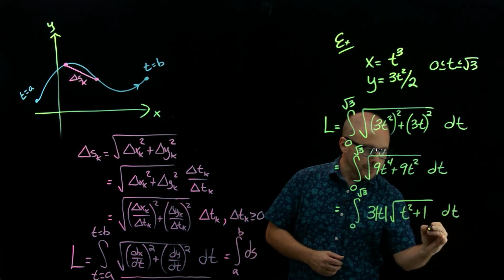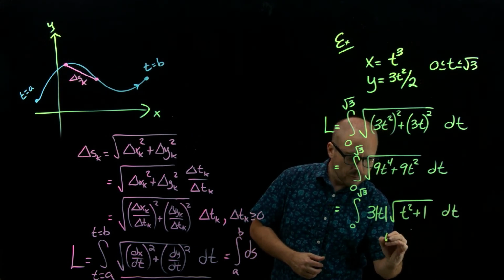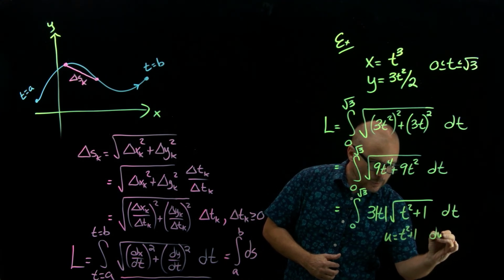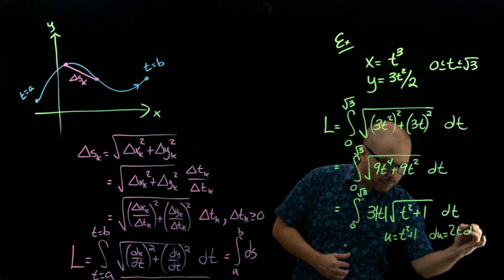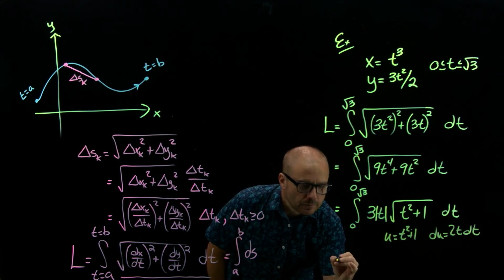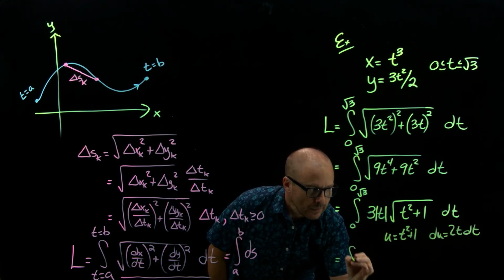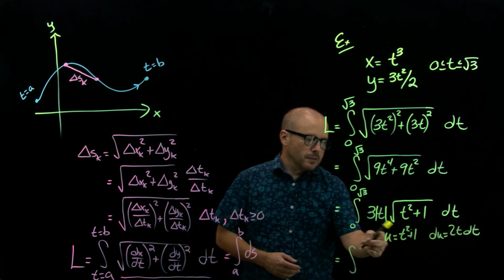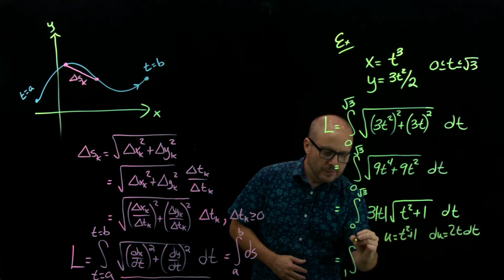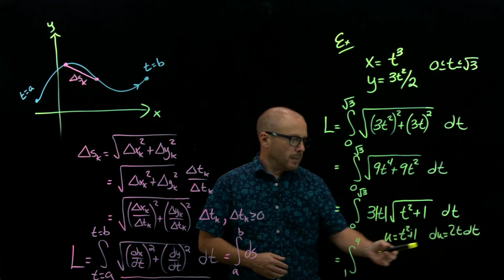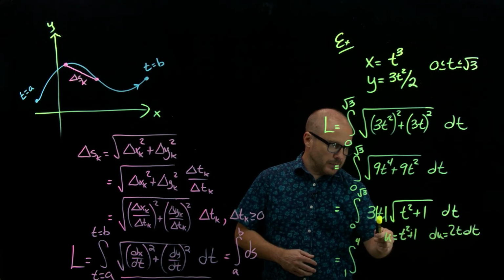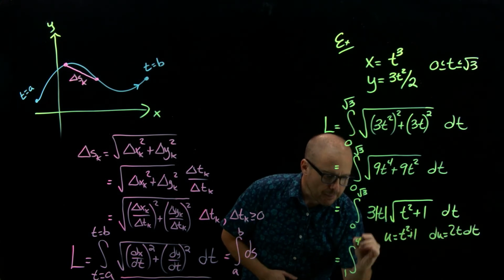If u is t squared plus 1, du is 2t dt. We're going to have the integral. Now I've got to switch my limits. When t is 0, u is 1. When t is root 3, u is 4. 1/2 du is t dt. So the t dt is a half du, so I pick up a half.